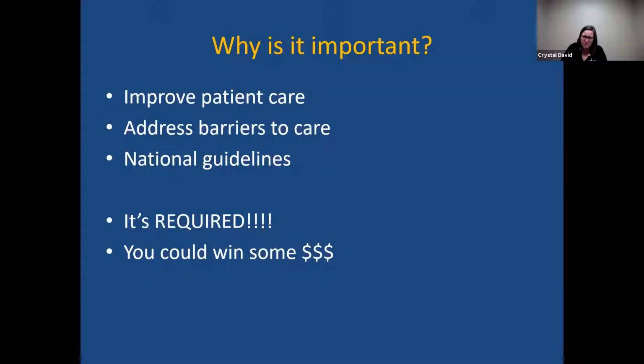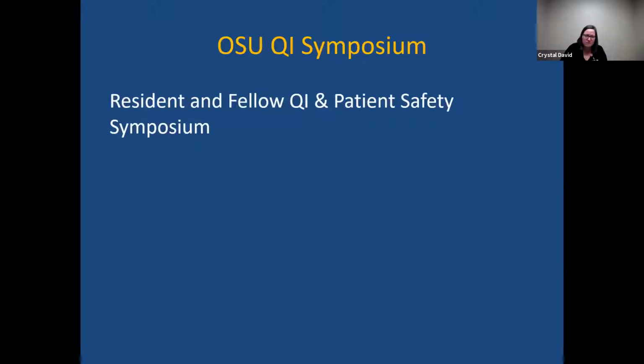So the symposium, if you're not familiar with it, is typically held at the hospital. It's the Resident and Fellow Quality Improvement and Patient Safety Symposium. And this year it's going to be May 18th. Typically it's held in a forum where everyone has their posters displayed. You can walk around and talk to people and ask them about their posters.